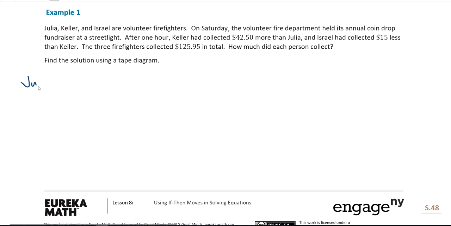So here's what we do. We're going to list out the names of the three firefighters: Julia, Keller, and Israel. And we know that Keller collected $42.50 more than Julia. So let's break that down first.